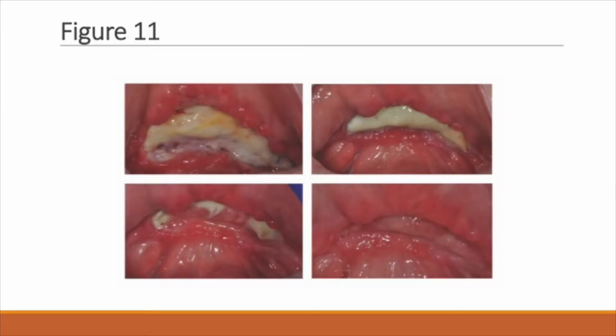Top left is at post-op day 16. At this time, the dehiscence was visibly reduced. Top right is at post-op day 25 and shows continued healing. Lower left shows the formation of mucosal bridges at post-op day 33.